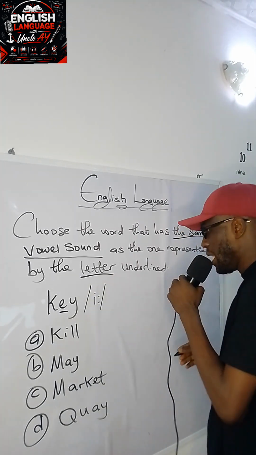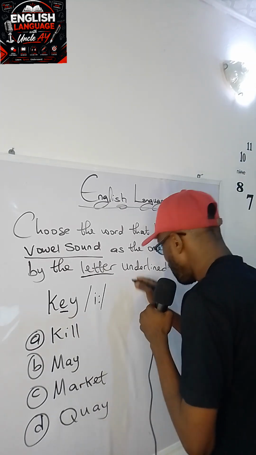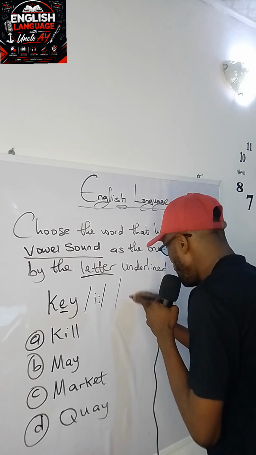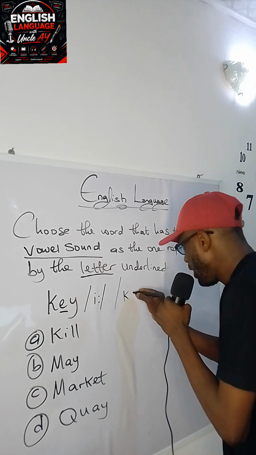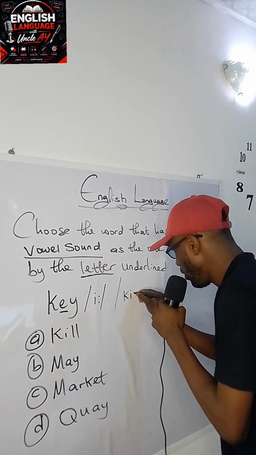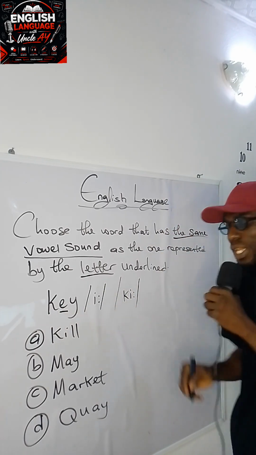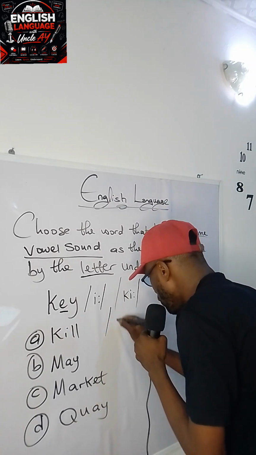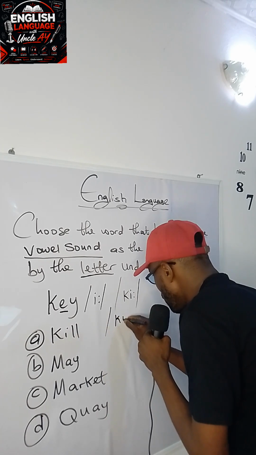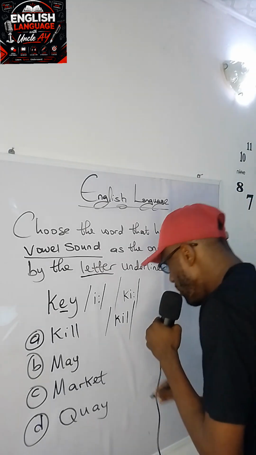So let's get on. Let's transcribe the keyword key. So what we have here is the voiceless consonant, and then followed by the long E, key. Option A here says kill. This is how kill is transcribed. Option B, may.